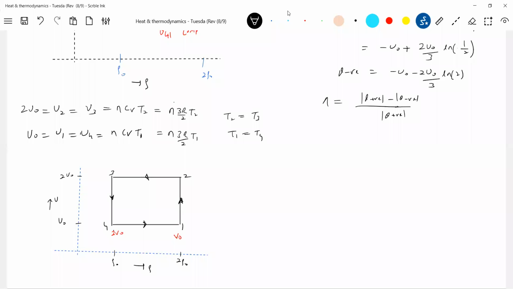And then, what about the pressure? How to bring pressure? This U naught is nothing but temperature here. So what is the temperature of the gas here? At this particular point, the temperature will be T naught. This will be 2 T naught. 2 T naught, this is T naught. And the volume here is V naught, 2 V naught. Only the pressure is needed.